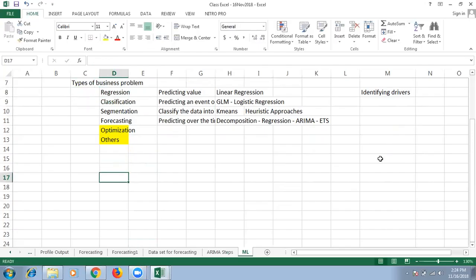The other type of classification is strategy problems and operations problems. When I say strategy problems, I mean the solution you get out of the predictive model can be one of the inputs to define a strategy.